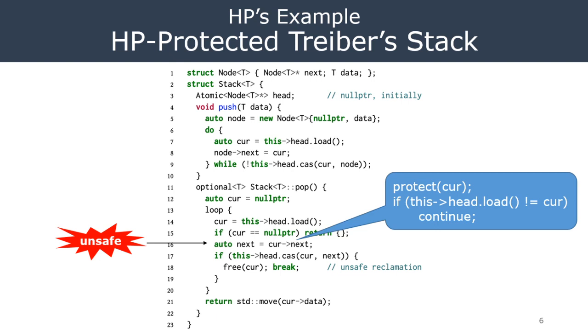So let's read it. I'd like to protect the block, and then I'd like to reread the pointer. So you want to protect cur, and cur is loaded from head. After protecting this current pointer, you need to make sure that it is still remaining in the main memory.